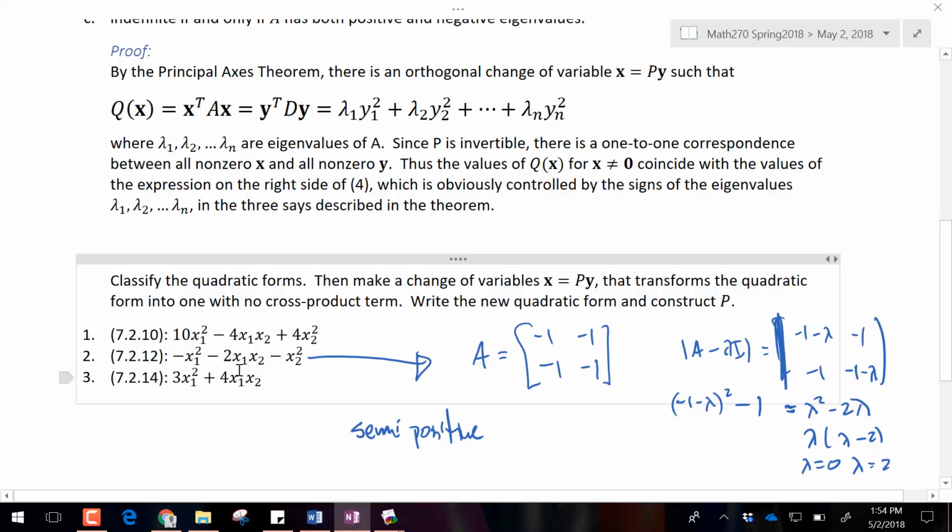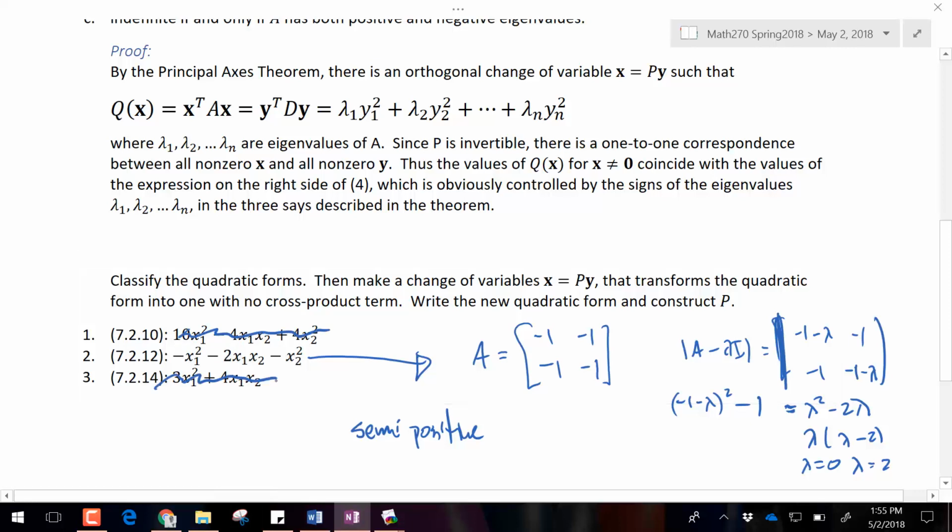What does the graph look like? This is the Q of x, so let's cross out the others. If you were to graph it, you could see that it'll be kind of concave up-ish.